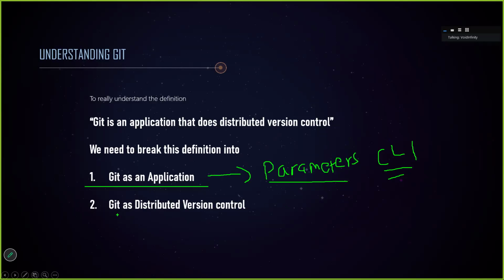The second part is understanding the high-level architecture of distributed version control, right? Though we are considering Git in this context, this is applicable to any version control that has already been utilized, worked upon, outdated, or that will come in the future as well.